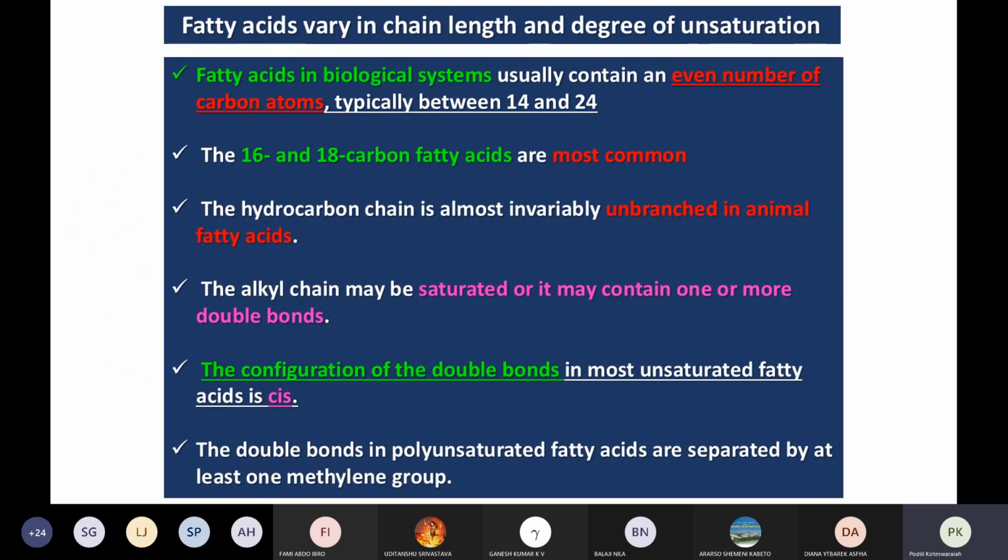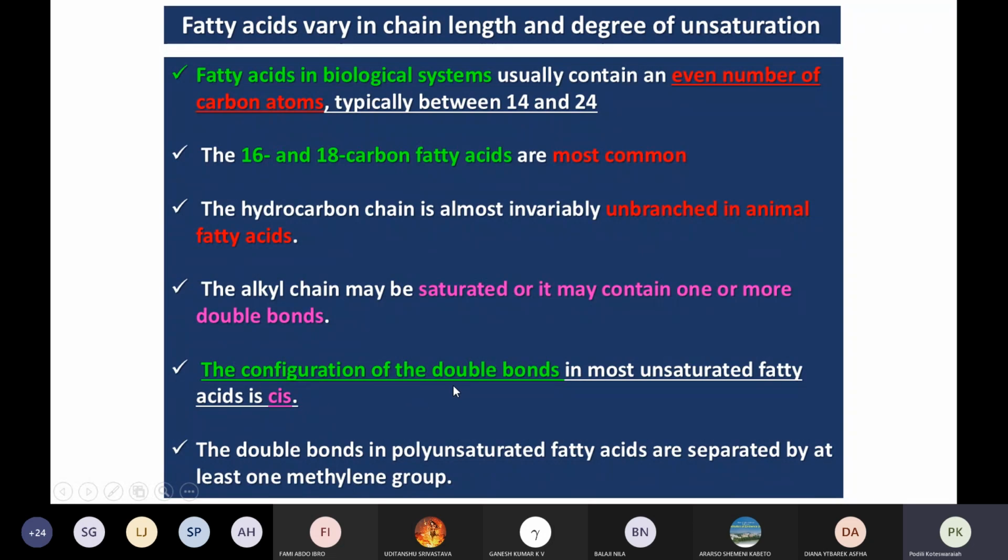Most of the fatty acids present in biological systems contain an even number of carbon atoms, typically from 14 to 24, but carbon 16 and carbon 18 fatty acids are most common. As I already said, the configuration of the double bond in most unsaturated fatty acids is cis.